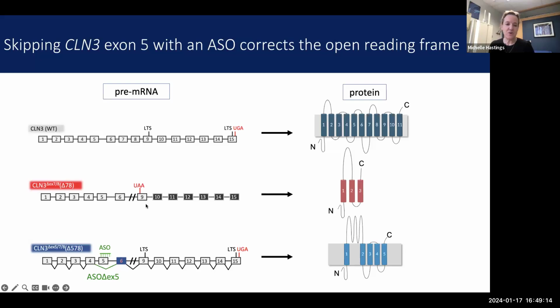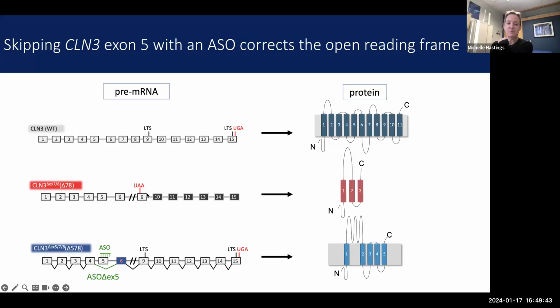So we had the idea that we would correct the open reading frame by skipping exon 5. If you skip exon 5 using an antisense oligonucleotide to block splicing of that exon, you make an isoform that corrects the open reading frame. So you get a full length protein that has an internal deletion. This is a lysosomal membrane protein, typically modeled to have 11 transmembrane domains.